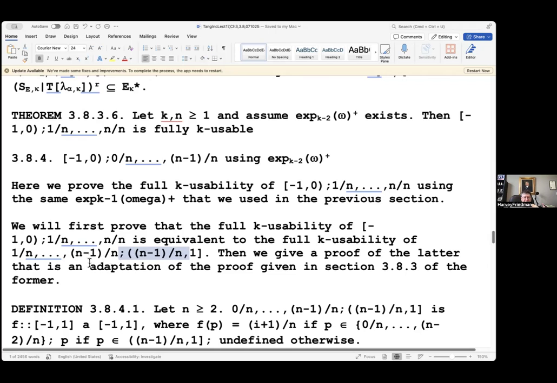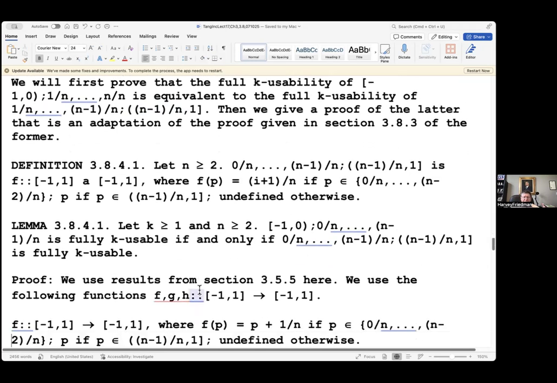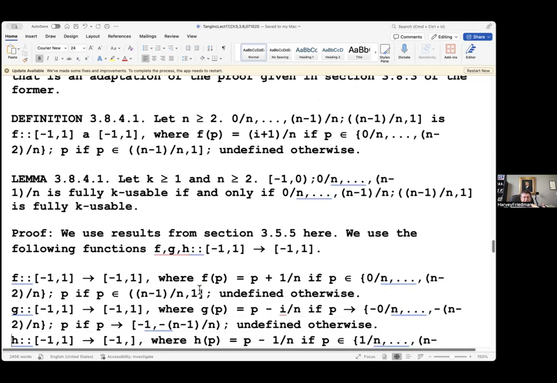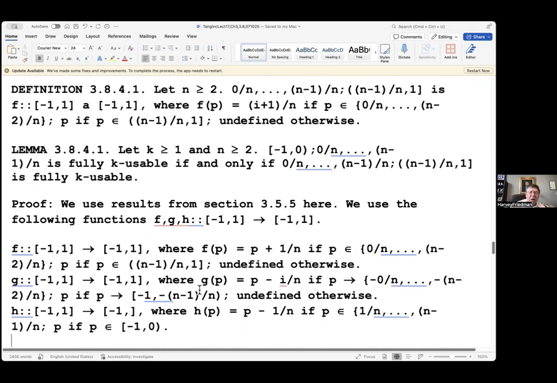With these abutting, n minus 1 over n is abutting, just like they were abutting here. And the equivalence between these two comes from the work we did on stability of usability. And this is the definition of what this function is that we're talking about.